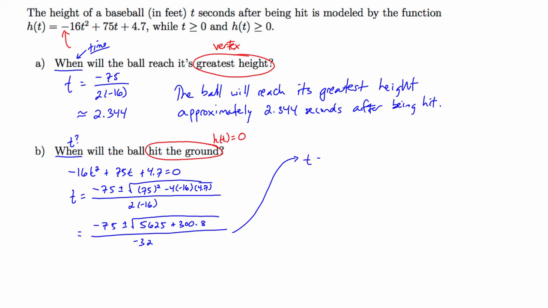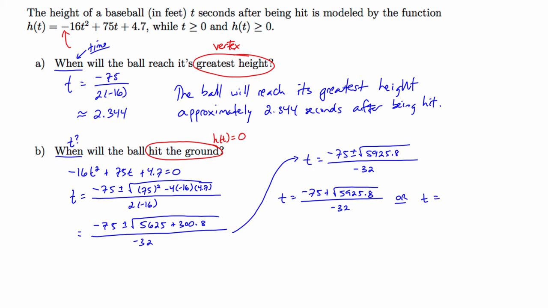So our t value is equal to negative 75 plus or minus the square root of 5,925.8 all over negative 32. At this point, we're going to separate this into the two possibilities. Either t is equal to negative 75 plus the square root of 5,925.8 all over negative 32, or t is equal to negative 75 minus the square root of 5,925.8 all over negative 32.